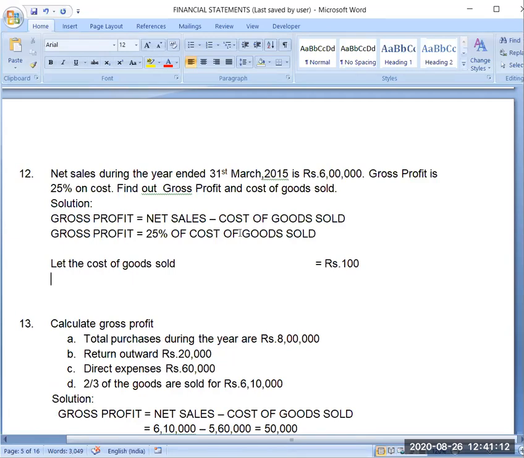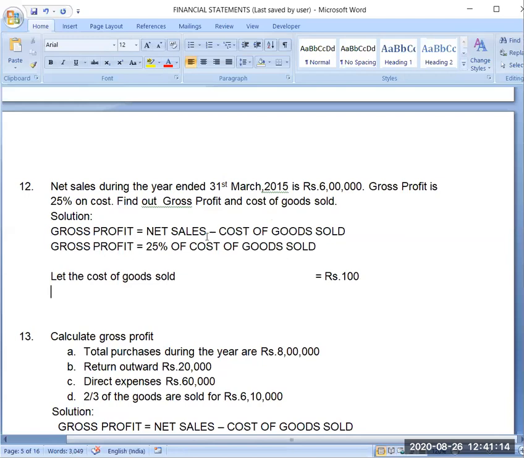Okay. Now see this formula. Gross profit at the rate of 25%. How much it will be?